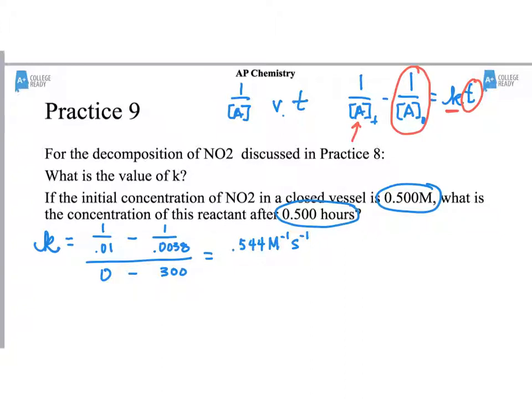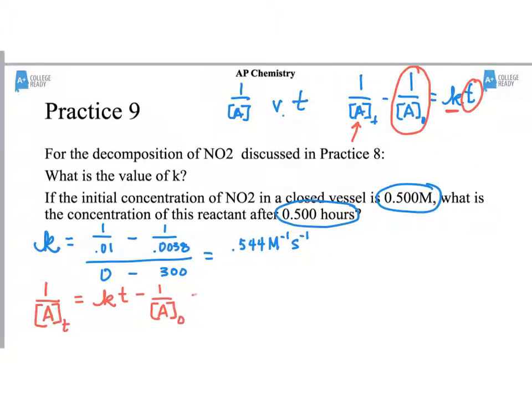So what do we know? We don't know our final concentration at time t, so I'm just going to say 1 over that, but we do know our little k, and we know our time, and we do know our 1 over our initial concentration.